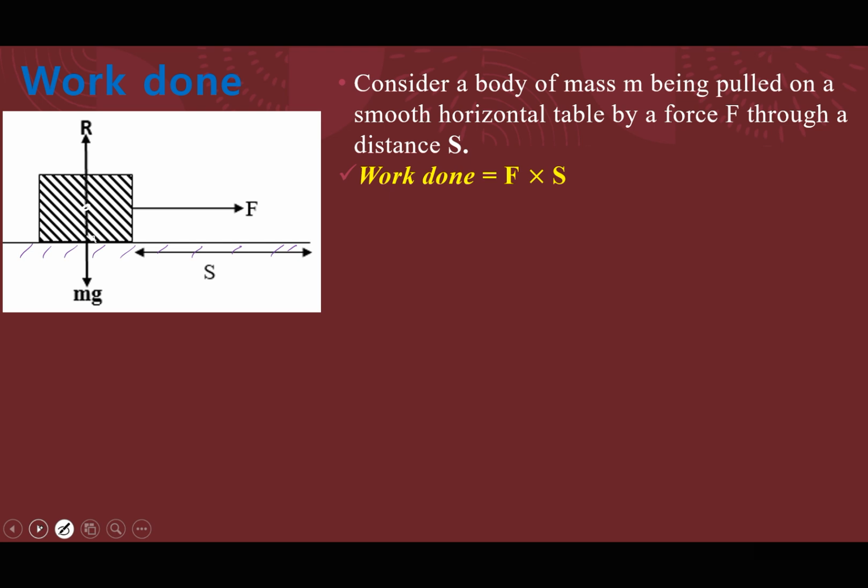I always encourage my students to use S for displacement rather than D because it is force times displacement. Later on, we shall explain why when we talk about power. I also want you to note that if the surface is smooth, then the friction is assumed to be negligible.